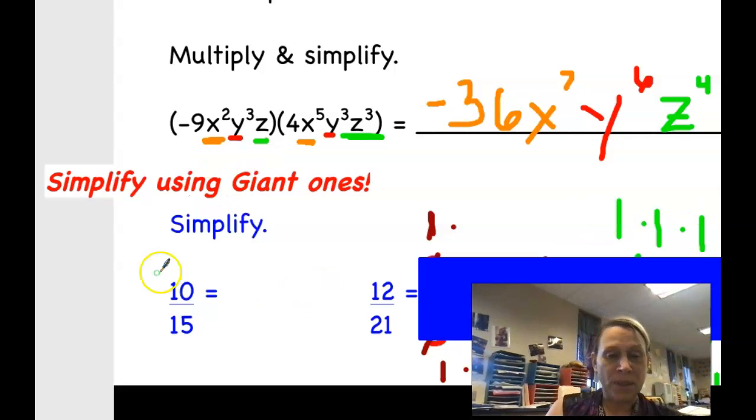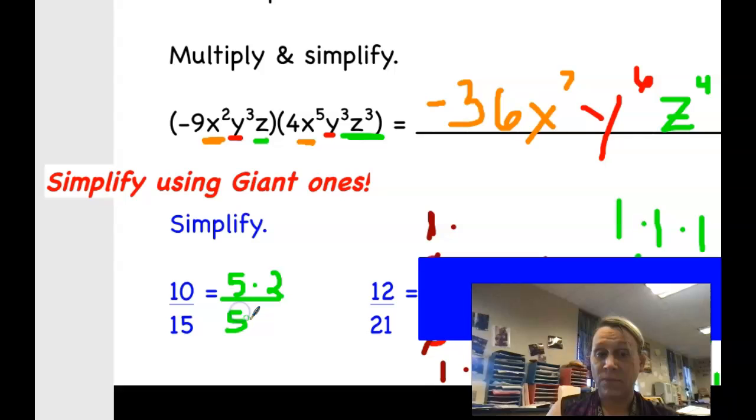So here, 10 divided by 15 doesn't make 1. But if I think about what factor, what number, that's what a factor is, divides into 10 and 15? Well, 5 divides into both numbers, so 5 times 2 makes 10. 5 times 3 makes 15.